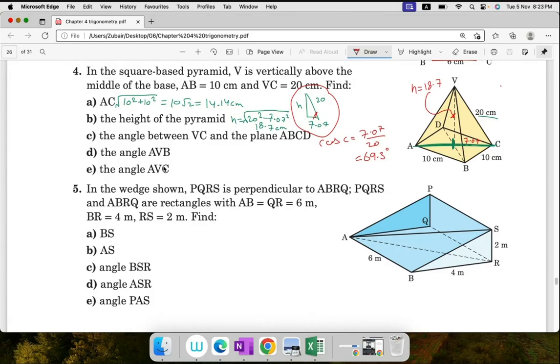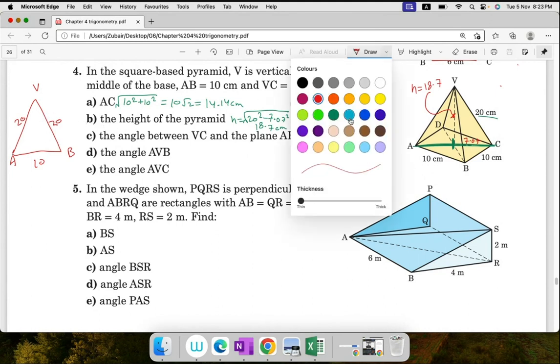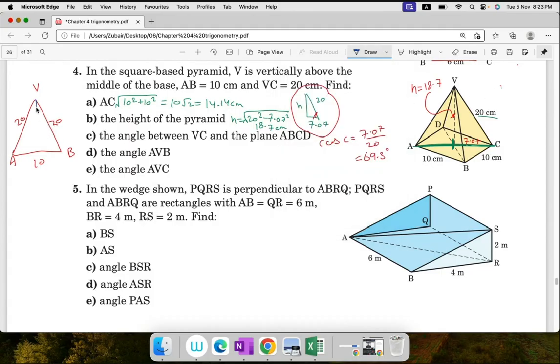The angle AVB. Okay. AV is 20, VB is 20, and the base is 10. I'm extracting this triangle here. This is A, this is V, this is B: 20, 20, and 10. I can use the cos rule directly to find this angle, but we haven't studied that yet. So I'm splitting this triangle in half, and this is 5 now.